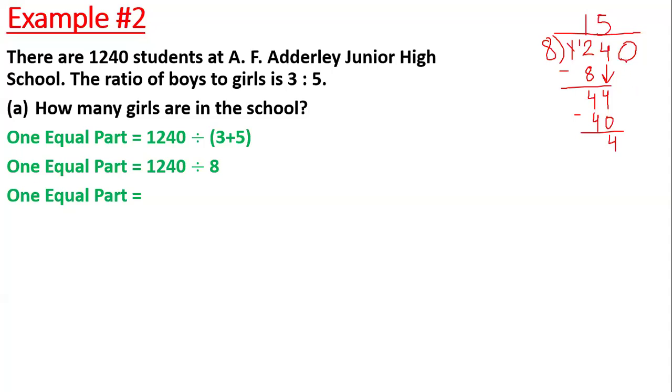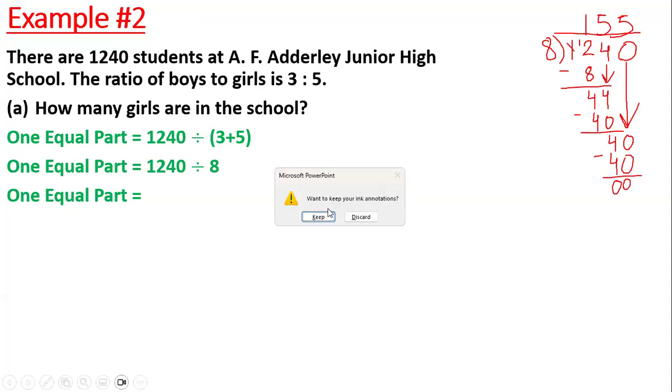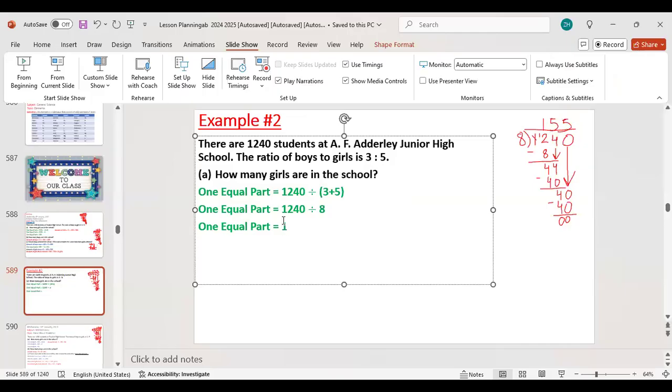Bring down the 0. How many times does 8 go into 40? 5 times. 8 times 5 is 40. So we have 40 minus 40, which is 0. So that means 1,240 divided by 8 gives us 155. So 1 equal part is going to be 155.